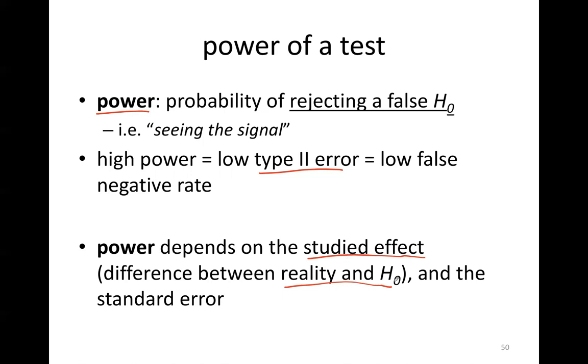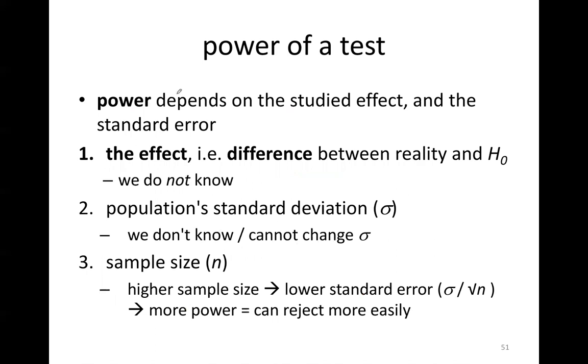If the null hypothesis is false, but it's pretty close to reality, then the effect is small. Power also depends on the standard error. And standard error itself depends on two things. So this is a repetition of what I was just saying. The power of the test depends on the studied effect and standard error.